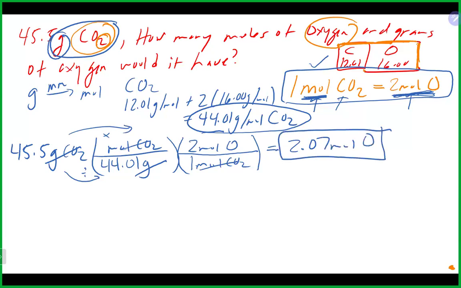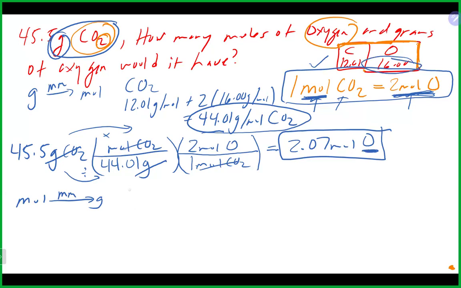Question on that part of the conversion. Now that I have it in moles of oxygen, it is now a conversion between moles to grams, which is just the molar mass from the periodic table. In this case, though, I need the molar mass of what? Just oxygen, right? Because that's what we converted to. So that is our 16 grams per mole from the periodic table.